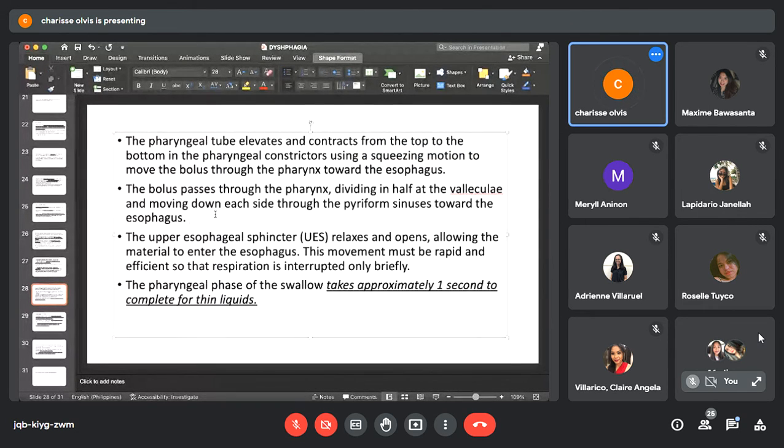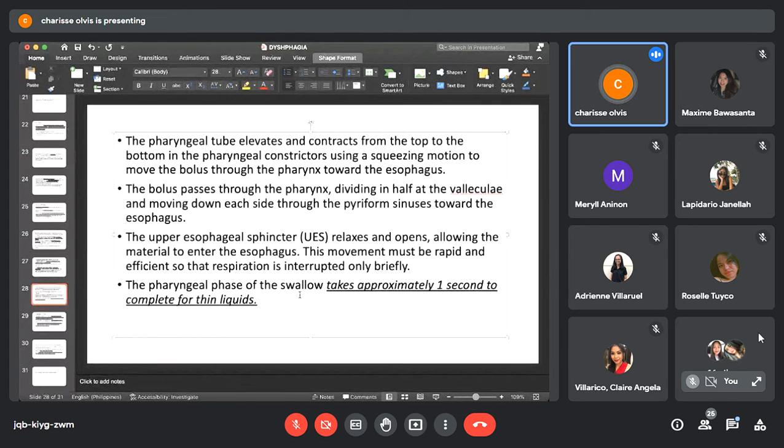Here, the upper esophageal sphincter relaxes and opens, allowing the material to enter the esophagus. This movement must be rapid and efficient so that respiration is interrupted only briefly.